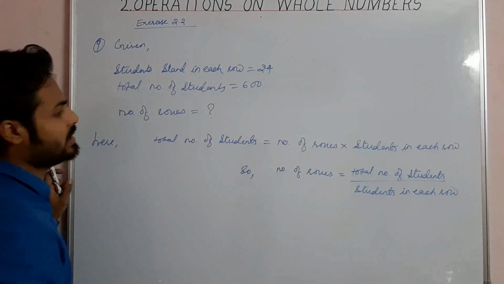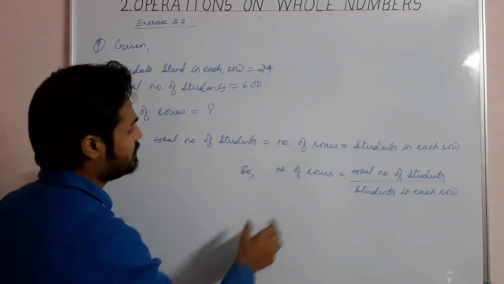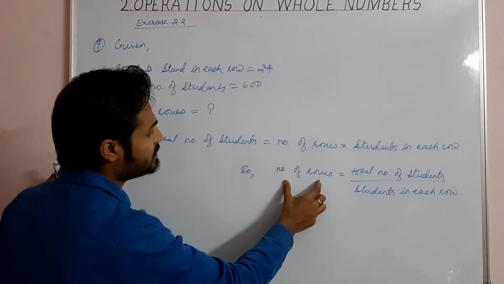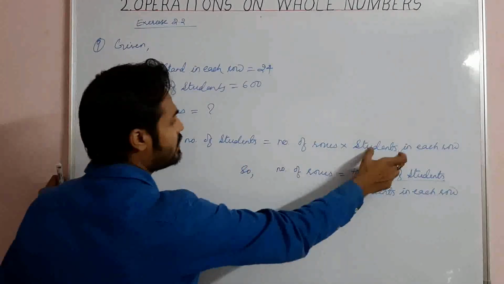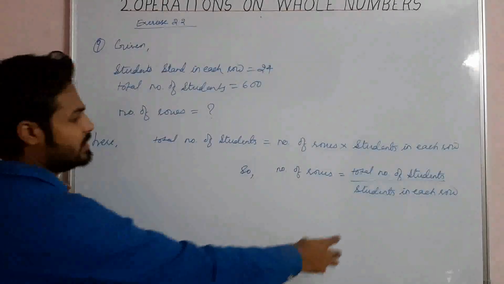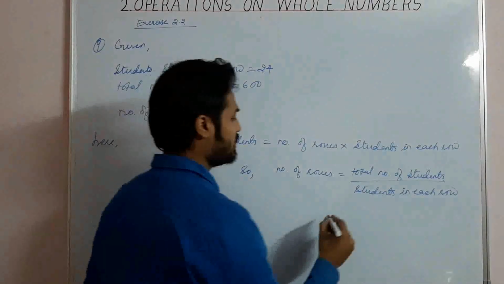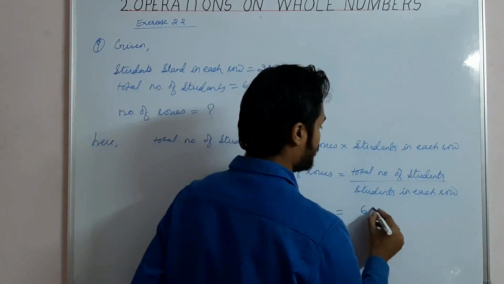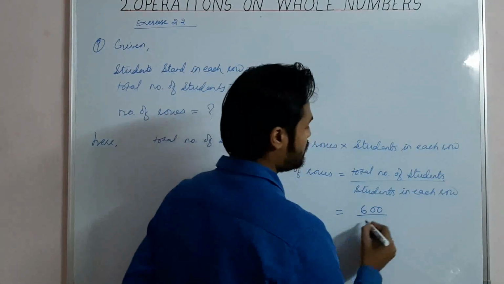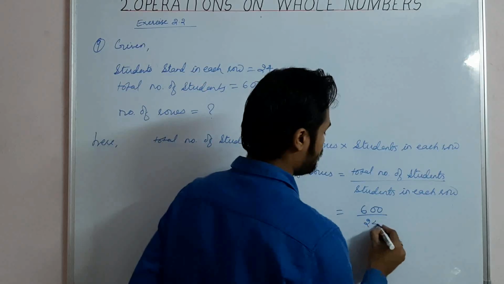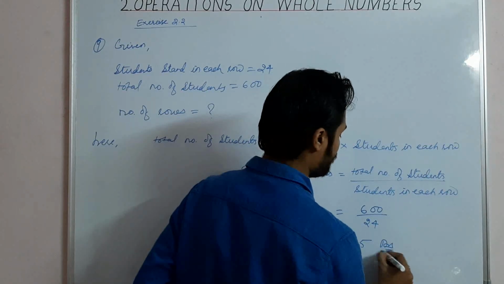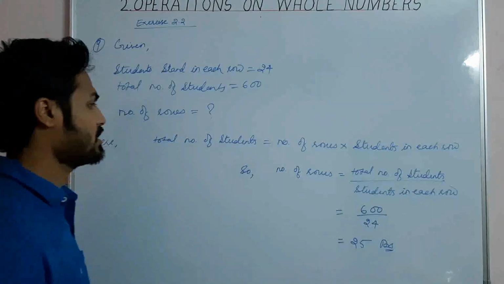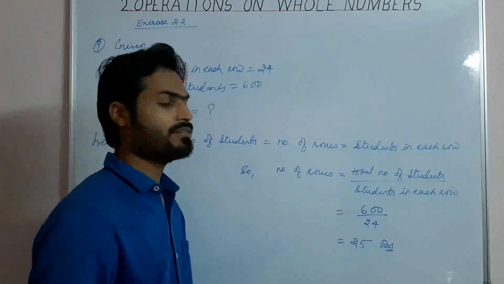So using inverse of multiplication, we can write number of rows is equal to total number of students by students in each row. Now putting values, total number of students 600, students in each row 24, we will get 25. So the number of rows is 25.